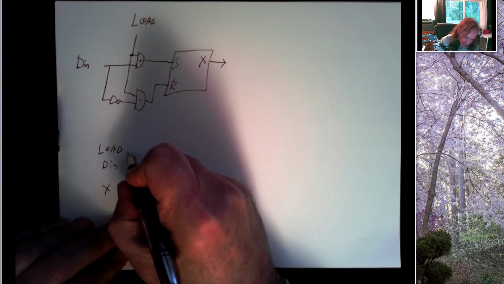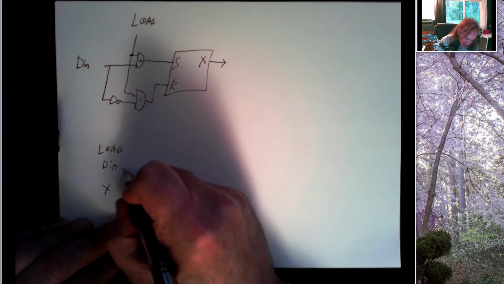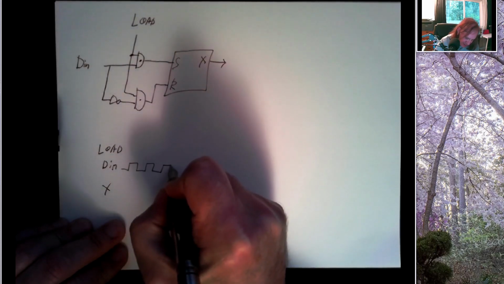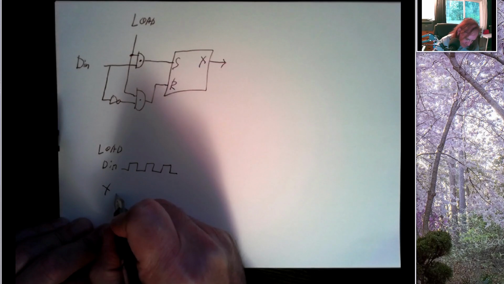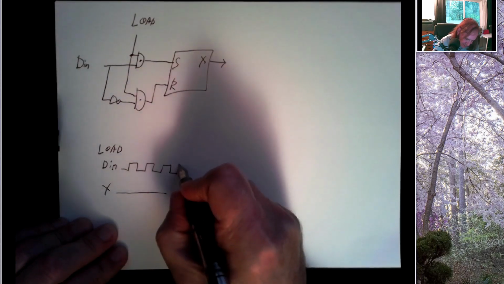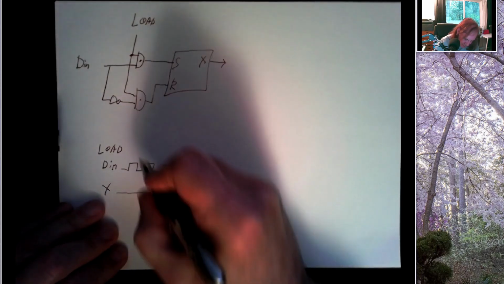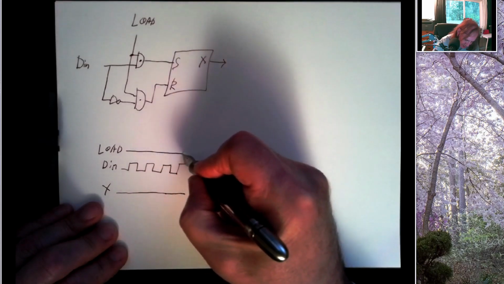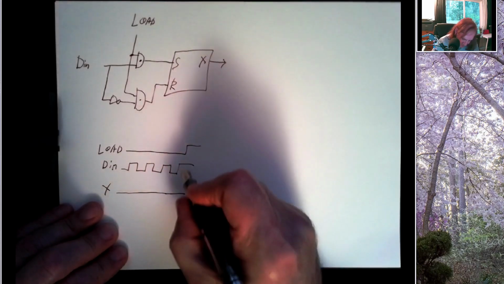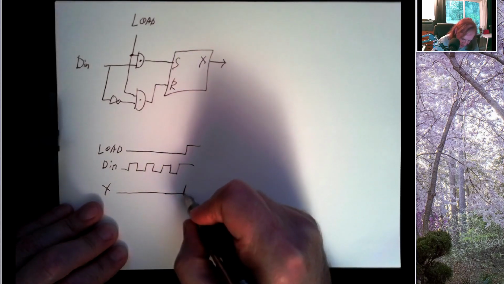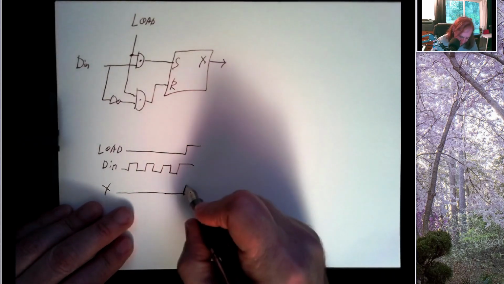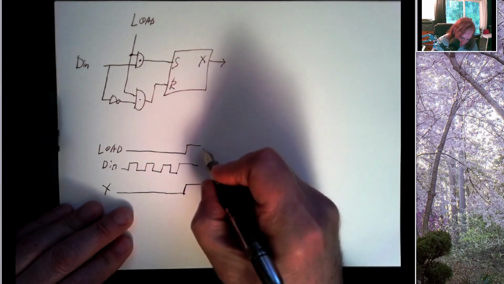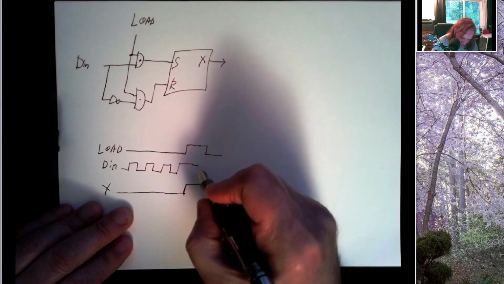So our load line, our data in can be going up and down and it doesn't make any difference. Let's say our output is low. And then at this point, our load line goes high. At that moment, the output X goes high. And then the load line goes low.